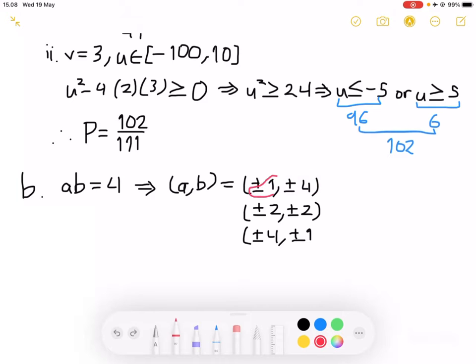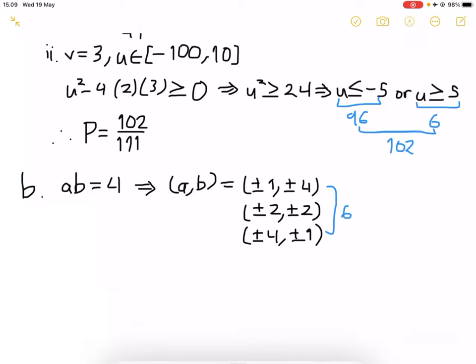If we take negative 1, we take negative 4. So the numbers we choose must have the same sign to give a positive product. Notice that there are a total of 6 integer solutions right here.